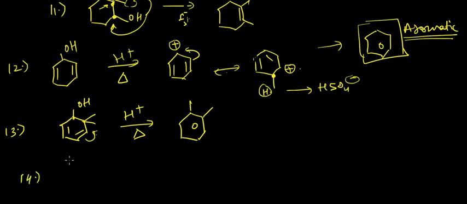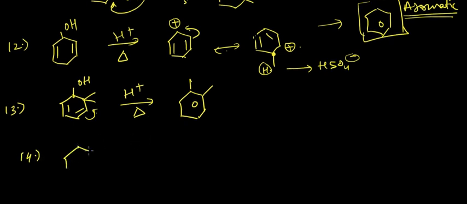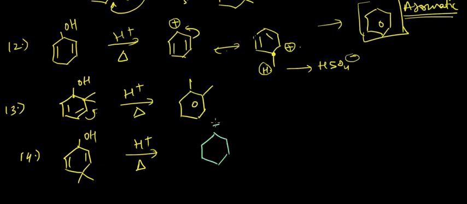Okay, let's talk about this, where we have something like this structure. So what happens in this case is, let me draw the intermediary stages. We would have positive charge on this carbon atom. Then this will go here, and we will have something like this with the positive charge here.